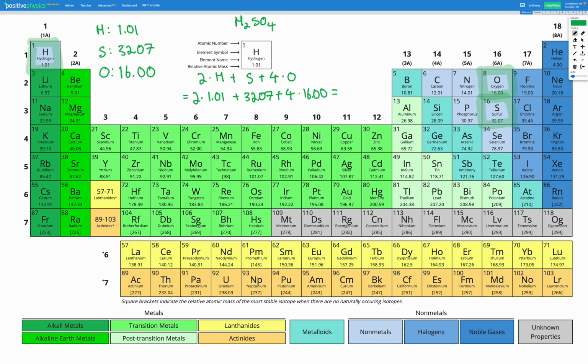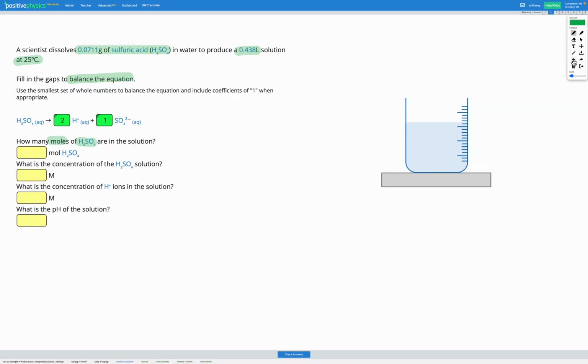If we put that in our calculator, we get out an answer of 98.09 grams per mole. So what that tells us is that 1 mole of H2SO4 is equal to 98.09 grams of H2SO4. So that's going to be our conversion factor here.